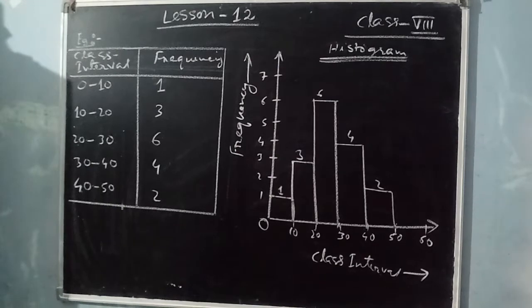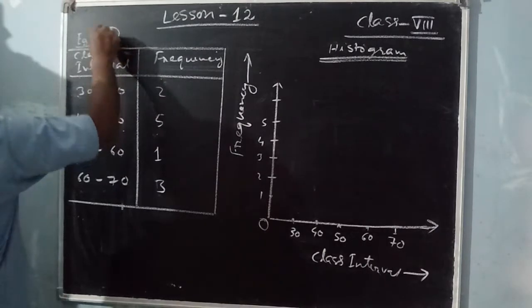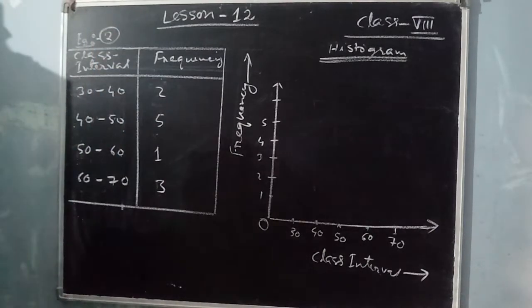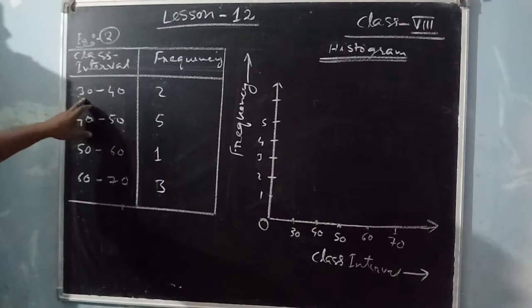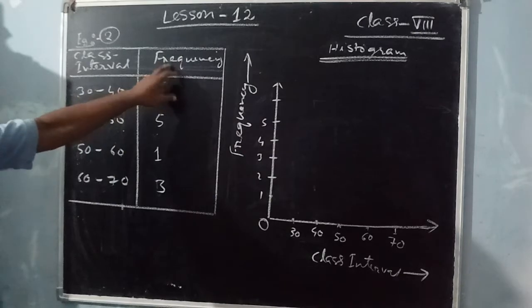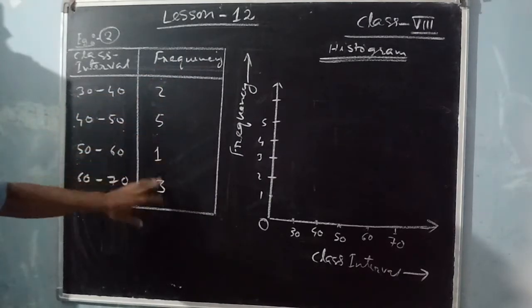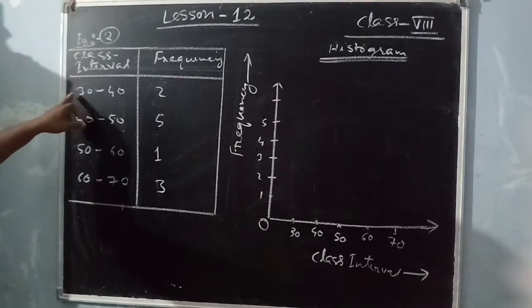Next, come to one more example, example number 2. This is the class interval: it starts from 30, 30 to 40, 40 to 50, 50 to 60, 60 to 70. Frequency is like this: 2, 5, 1, 3. So it is not continuous from 0, it is from 30.